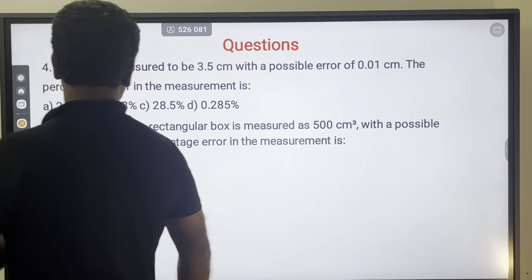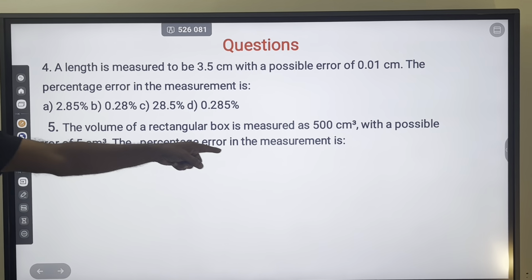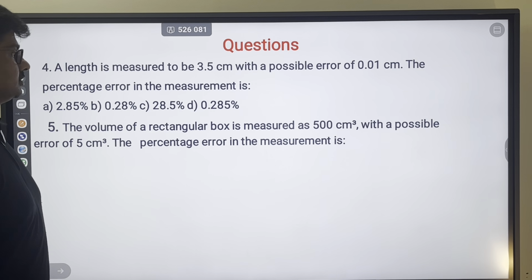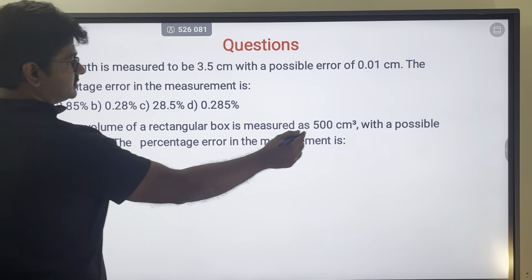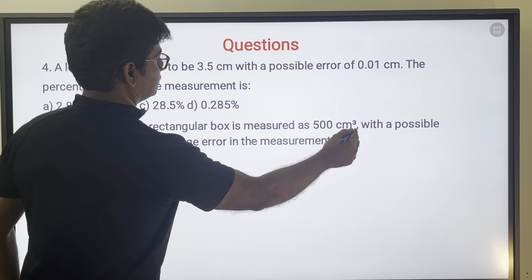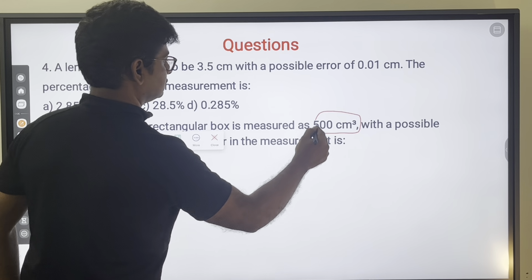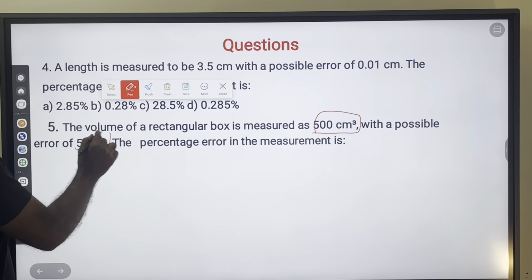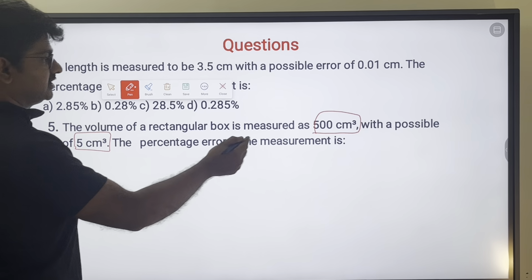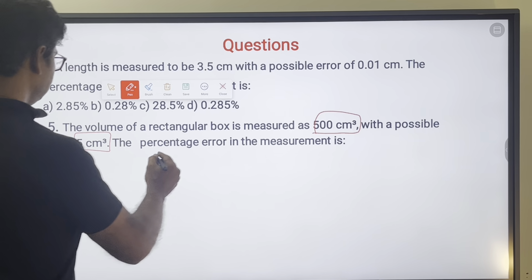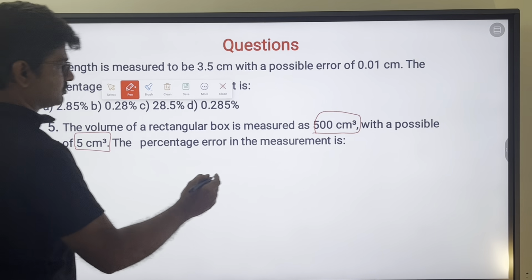The volume of a rectangular box is measured as 500 centimeter cube with a possible error of 5 centimeter cube. Volume is 500 centimeter cube and error is 5 centimeter cube. The percentage error in the measurement is? Similar to the previous problem, right?